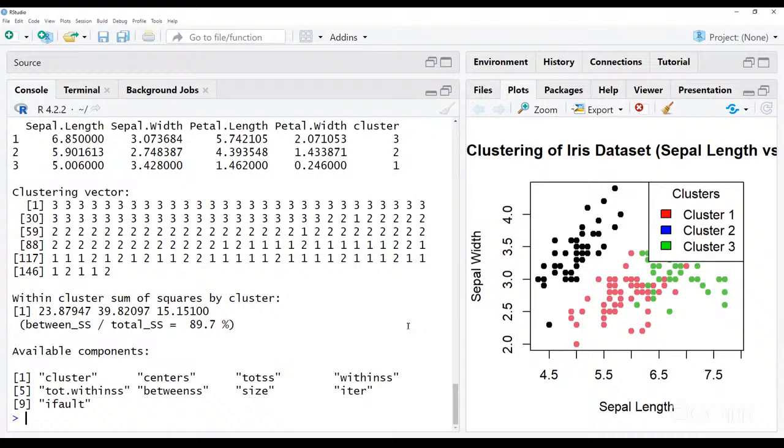So it is a good classification. That means very few data are overlapped. Otherwise, they are well separated.